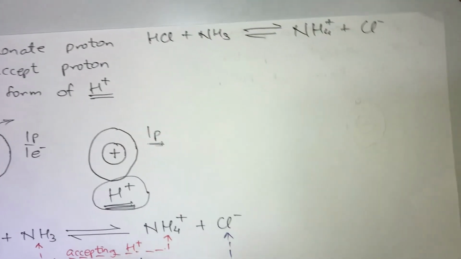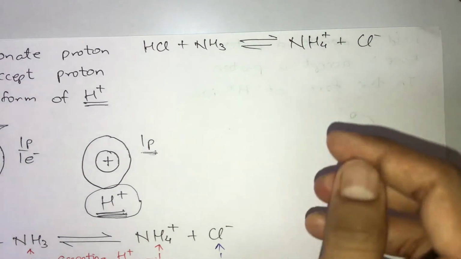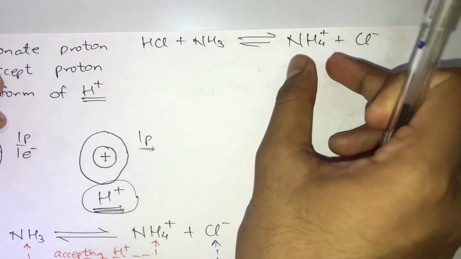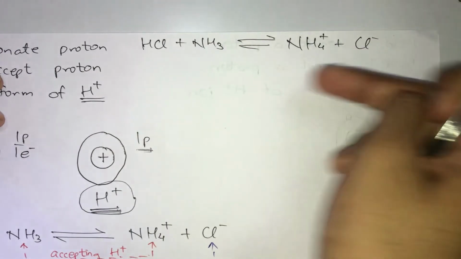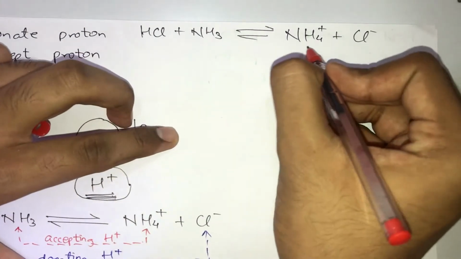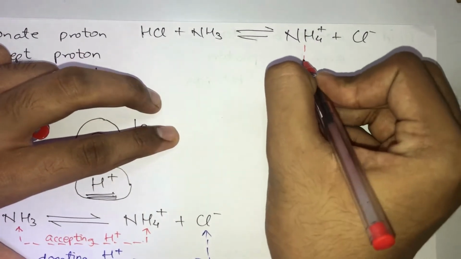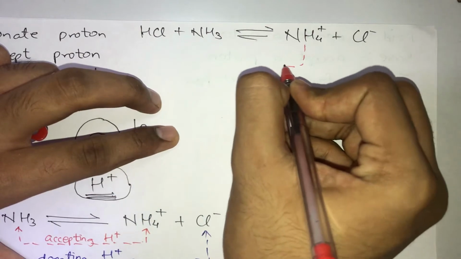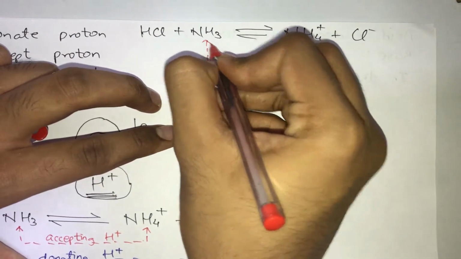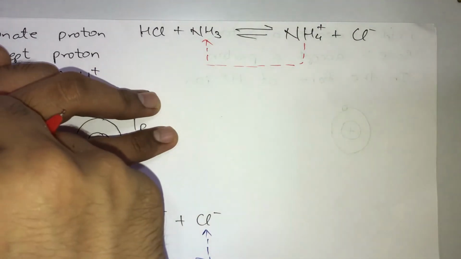Now we are going to understand the changes in the reverse reaction, where the NH4 plus is going to react with Cl minus to give back HCl and NH3. Now guys, can I say over here this NH4 plus is reacting back to give us NH3? Am I right?